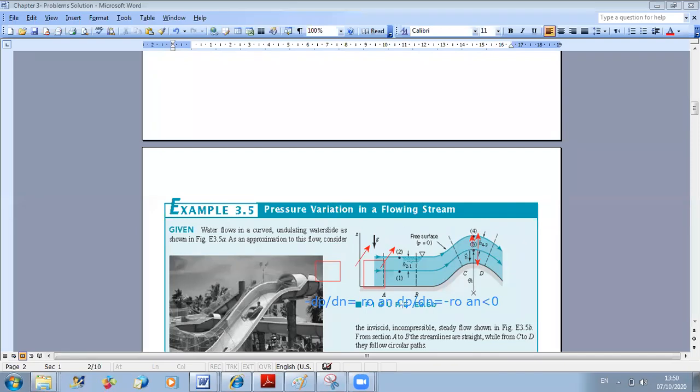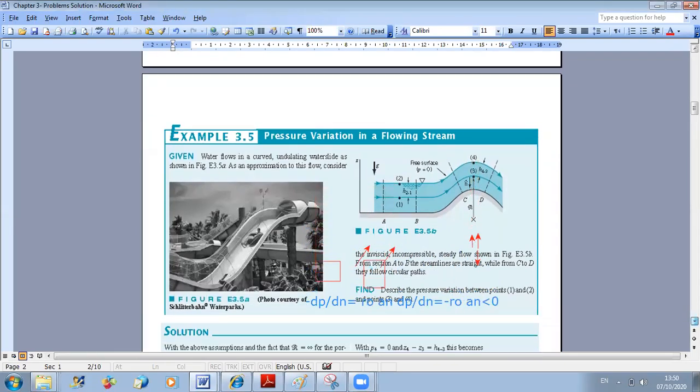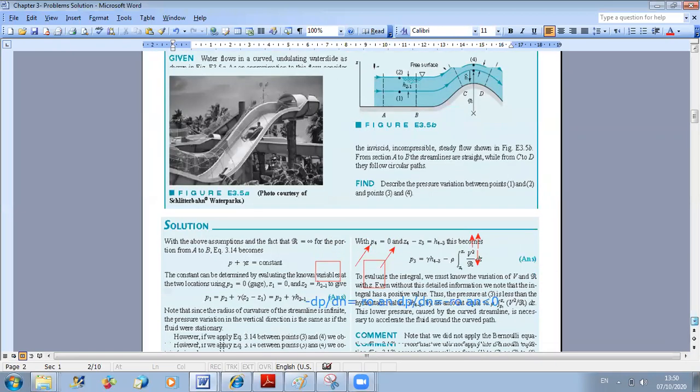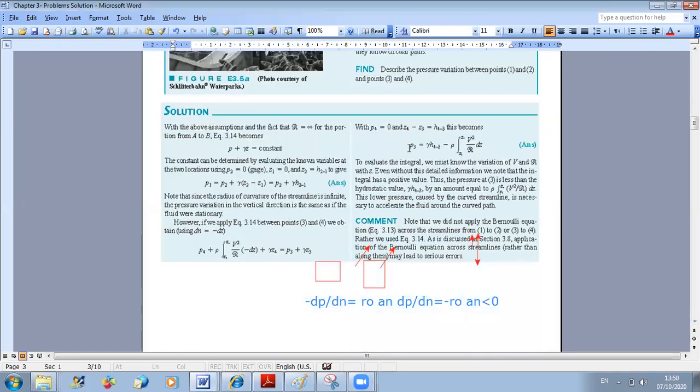If you look at the solution here, it will be clearer. When you write your expression, this is what you obtain. You have P4 minus P3, but P4 is 0 because it's the free surface, so it's gauge pressure. P4 minus P3 gives, as we did, the integral of V squared over R and the hydrostatic pressure term.